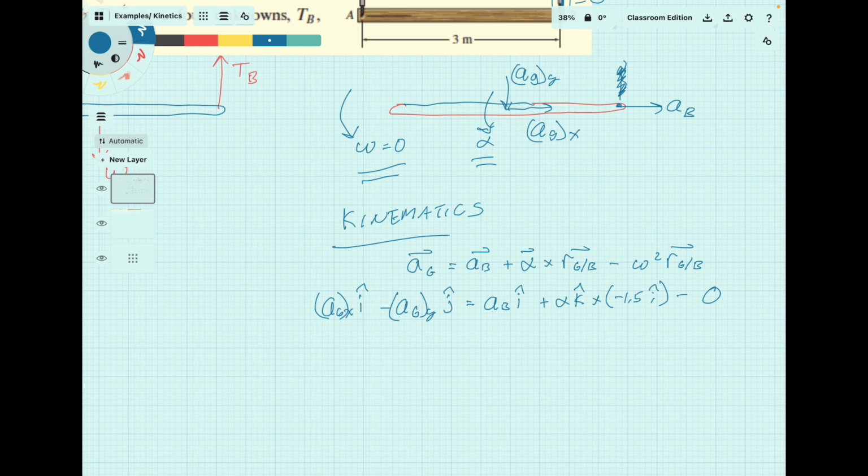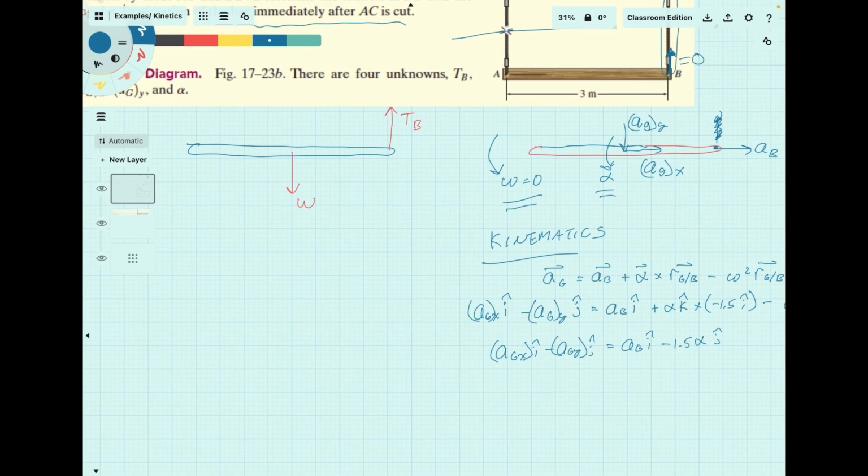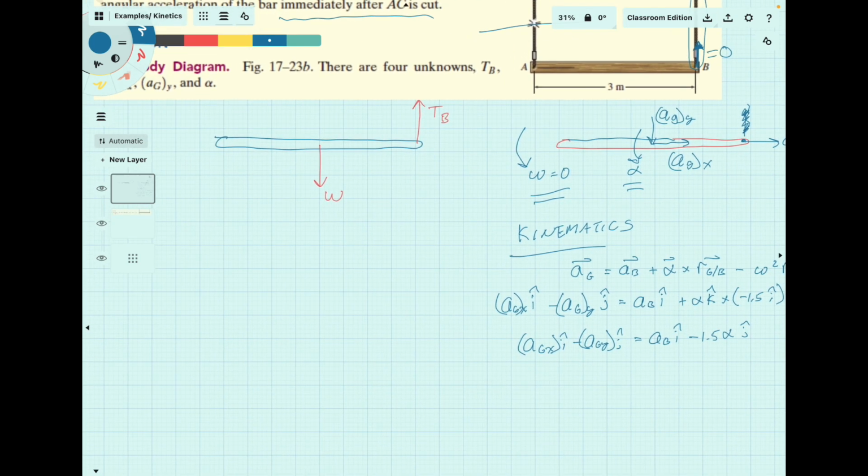But I can do this real quick though. We can do AGx in i minus AGy in j is equal to AB i plus, or that's actually minus there with the cross product, minus 1.5 alpha in j. All right, then we can come back to equations of motion in the kinetic solution.